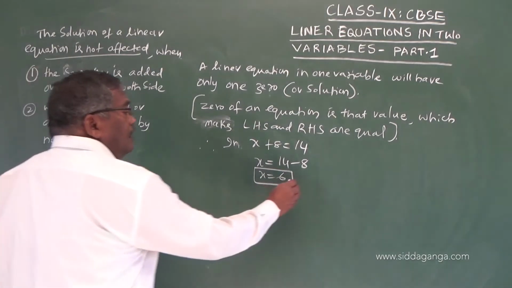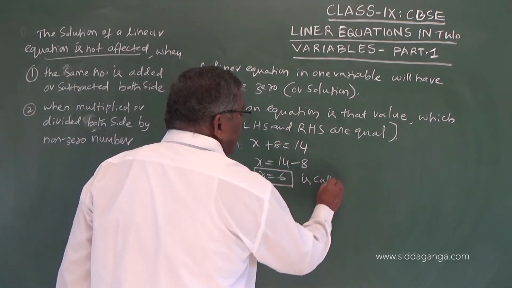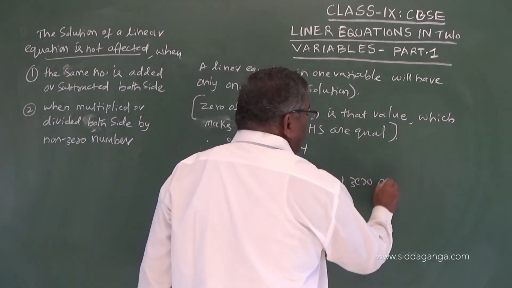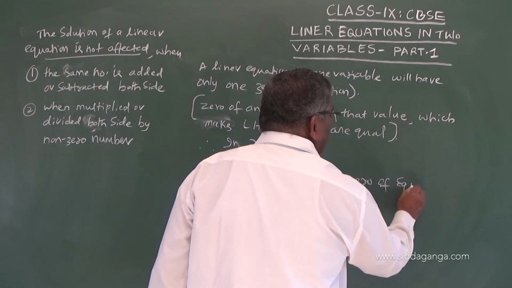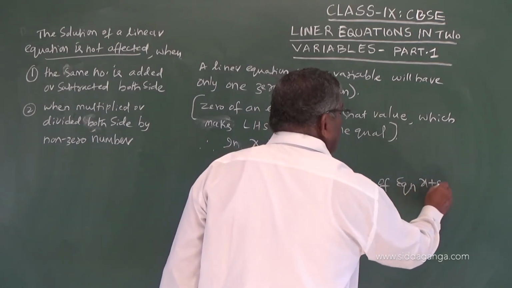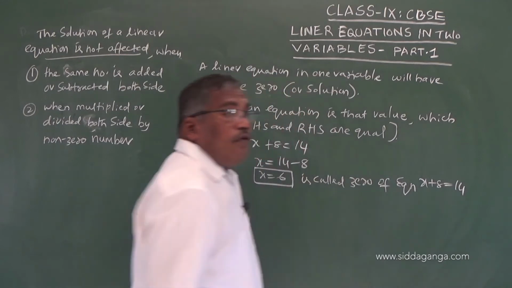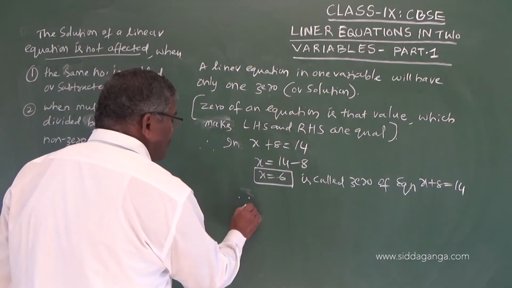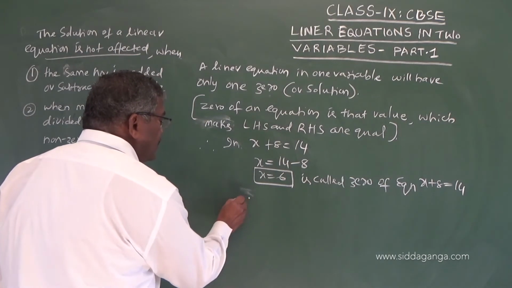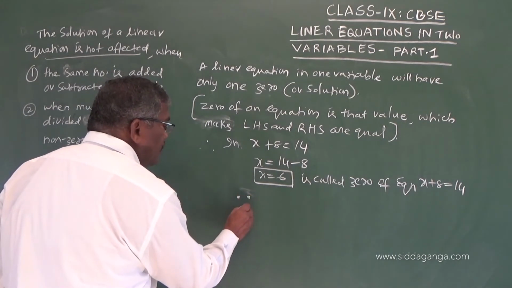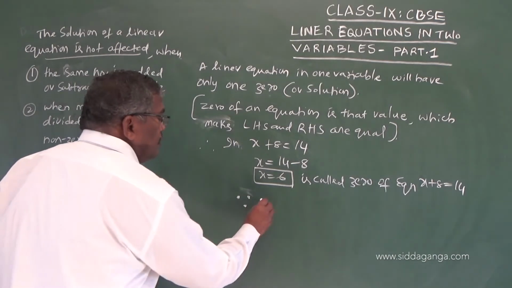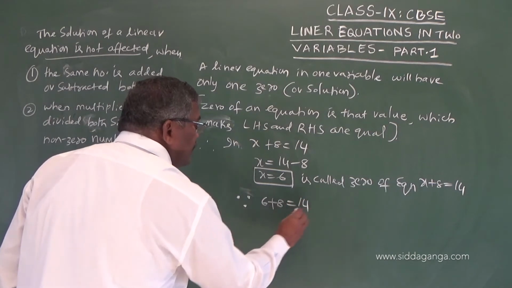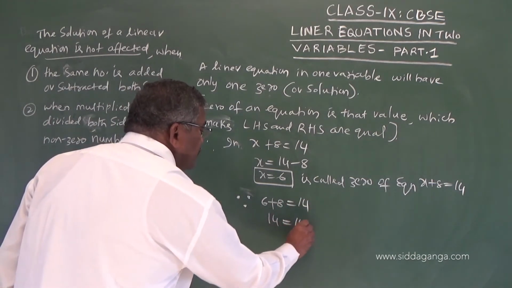So 6 is called the zero of the equation x plus 8 is equal to 14, because if you put it in, 6 plus 8 is equal to 14. 14 equals 14.